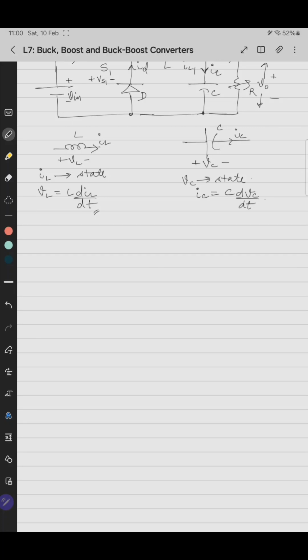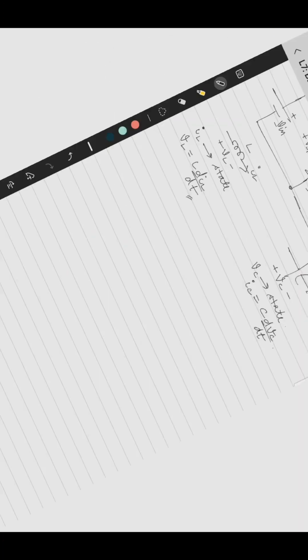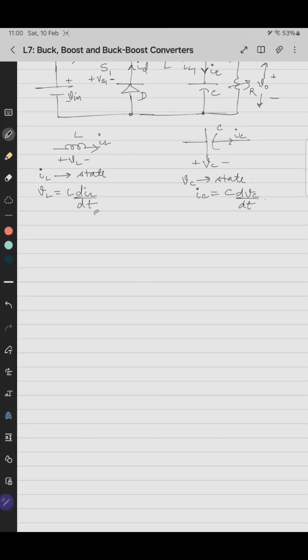Similarly, vice versa for the capacitor. So these are the two states. Now we know that an inductor stores its energy in the electromagnetic field, and the capacitor stores energy in the form of electrostatic energy.